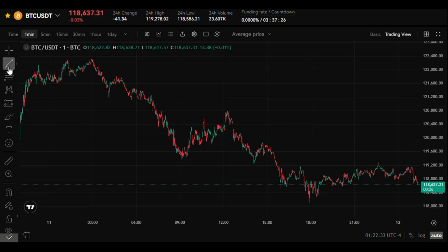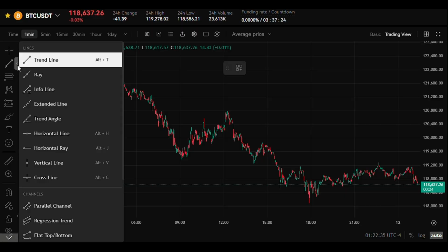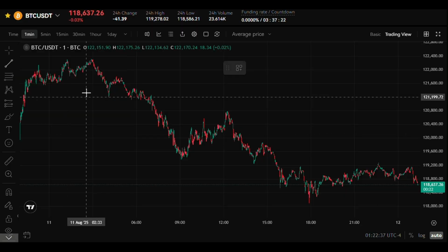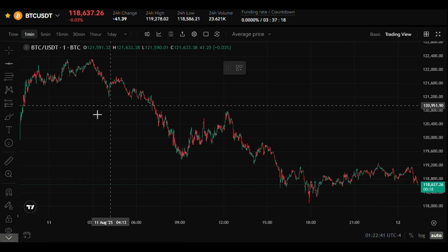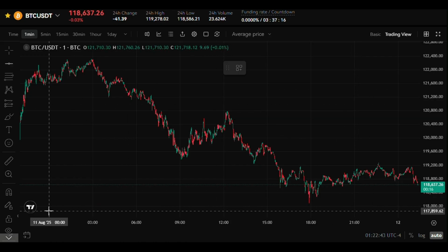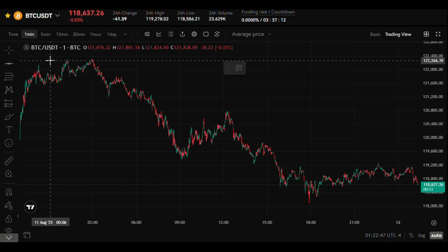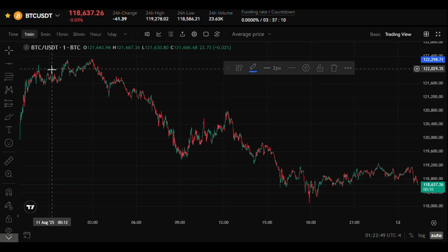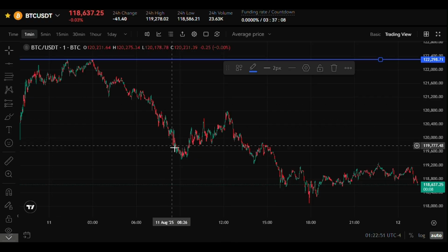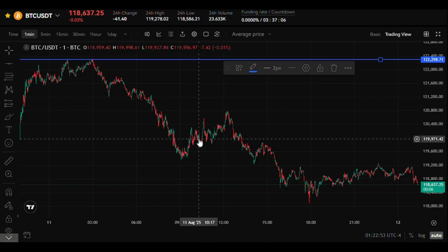So we're going to do what I like to do always, and we're going to throw some horizontal lines. Now you can see I've zoomed out. This is an entire day's trading today. Here's where the 11th started. So we're going to come up to roughly this line right here, and throw a line here. And that is our high for today.